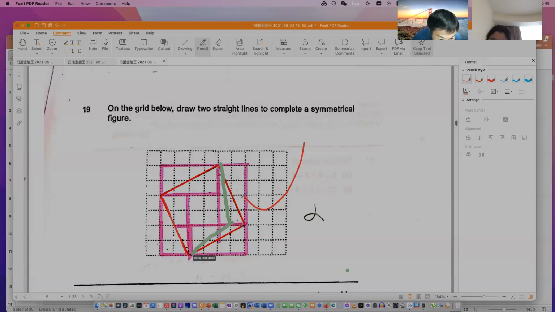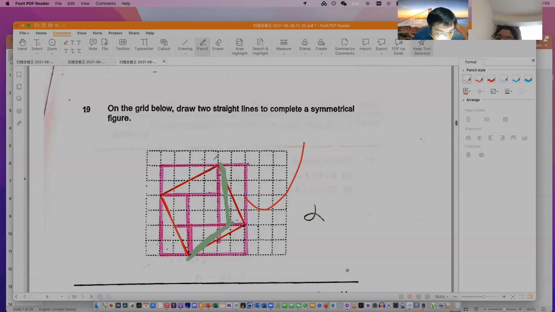The line is different. Oh, okay. It's like that way. But it's okay, let's ignore their answer.